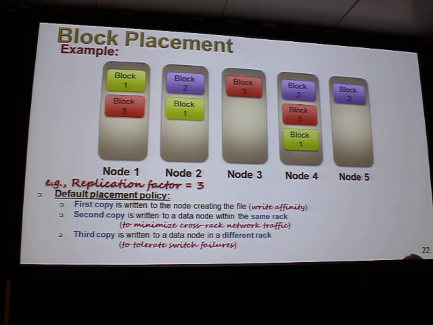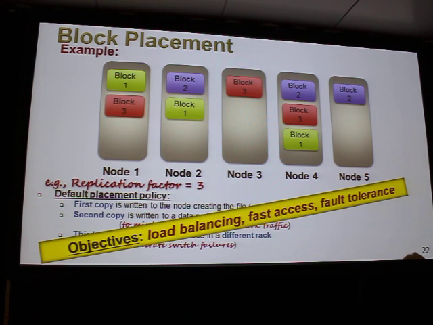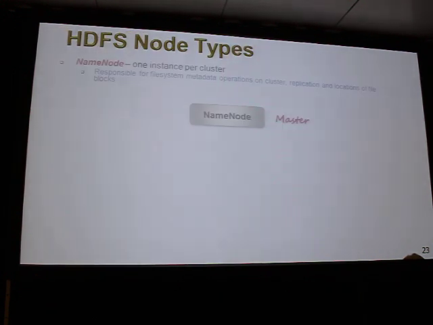So that is your copy for real redundancy in case your rack burns down, or your data center goes down the tubes. All right. That's the standard policy that they have in place. So their objective is not just availability. By doing this, they're thinking about how we load balance, how we get fast access, and how we have fault tolerance.